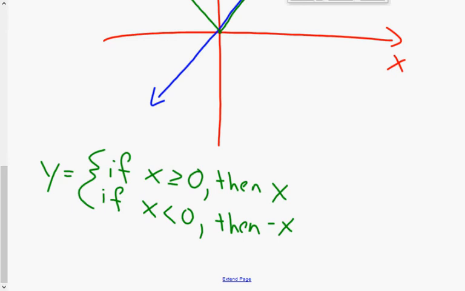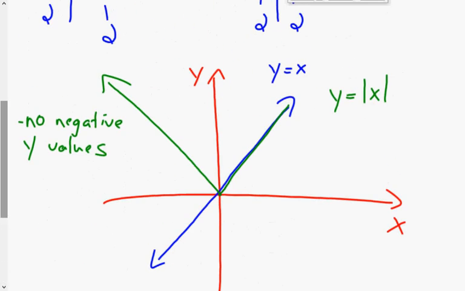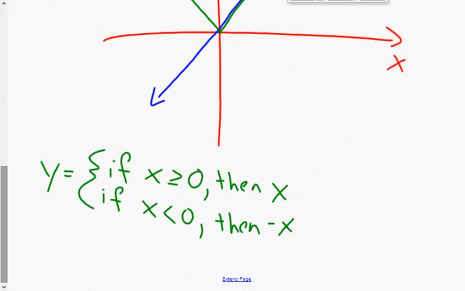This has a special name. These are called piecewise functions, because you take all these rules, you put them together, and then you get the full picture. Okay? So we call these piecewise functions. I'm just going to make sure I spell this right. This is a piecewise function.